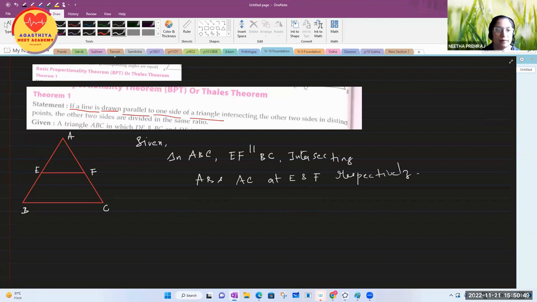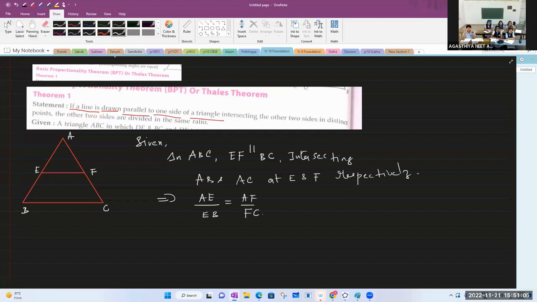Then the other two sides are divided in the same ratio. What does it mean? Which implies AE by EB is equal to AF by FC. Okay, this is what they are saying.